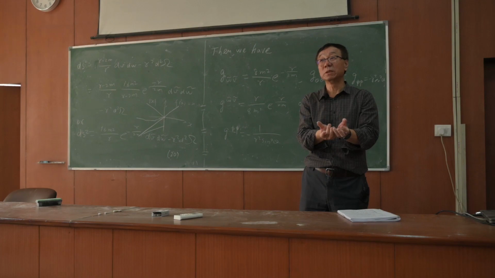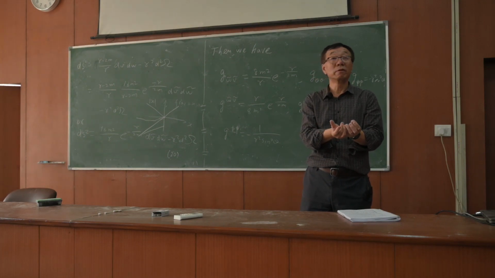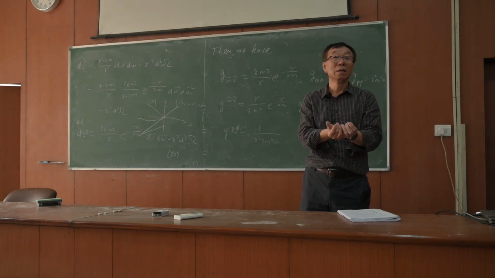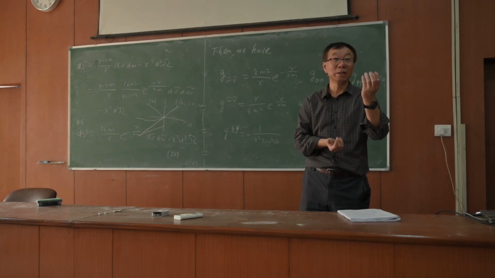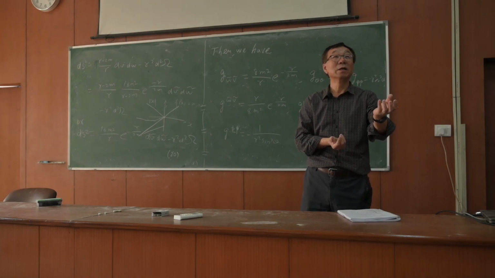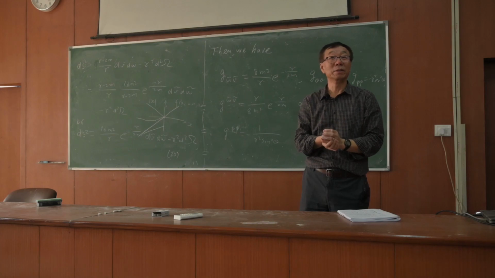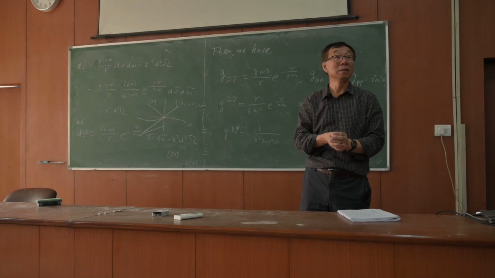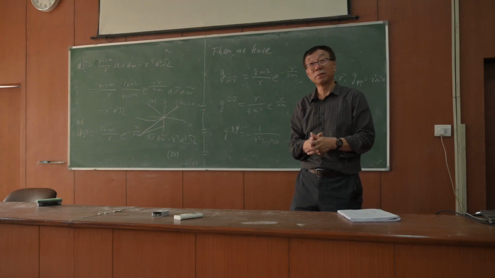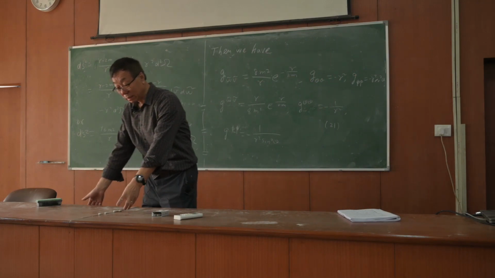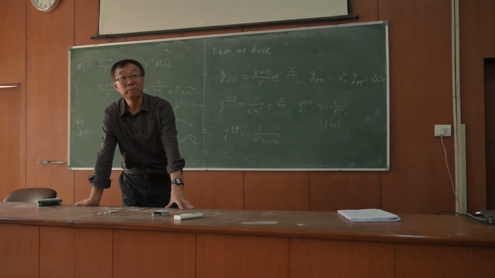Why is this so important? If information is lost, it is connected with no unitarity. No unitarity means GR is not quantum, and then all the problems come out. That's why the black hole information loss problem is so important.